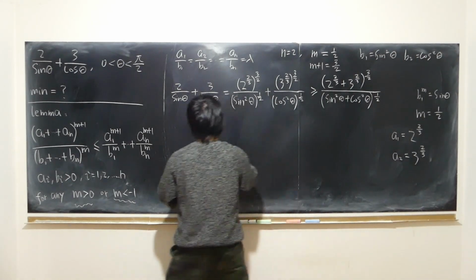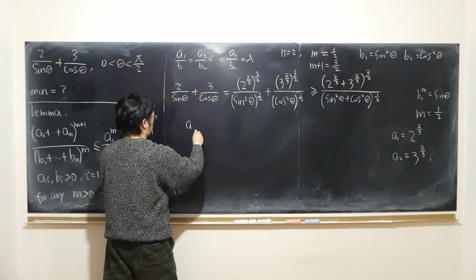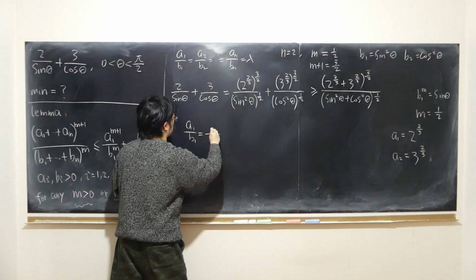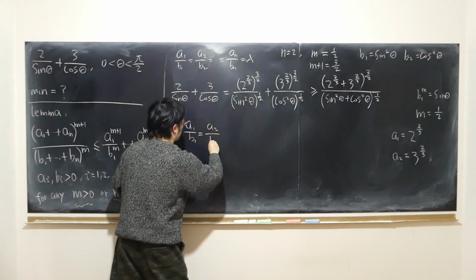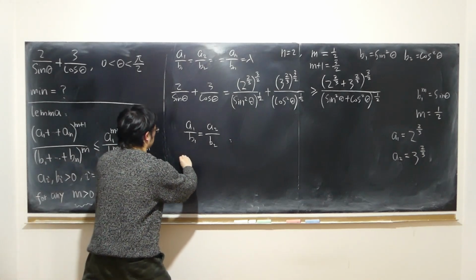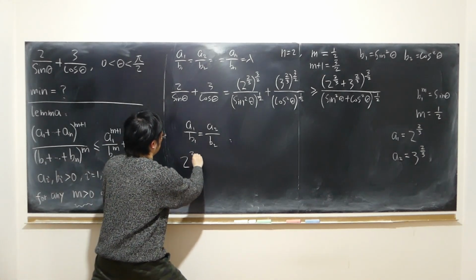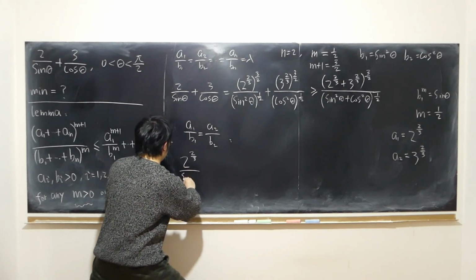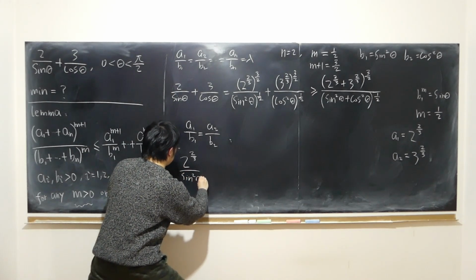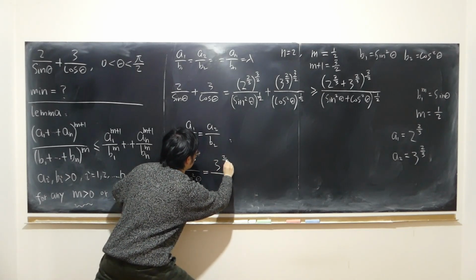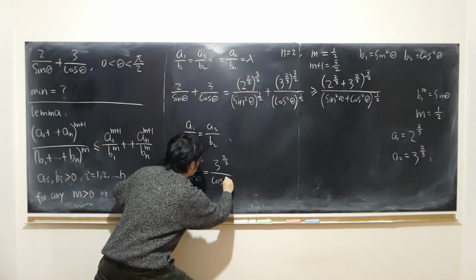The equal sign holds only when A1 over B1 is equal to A2 over B2. That is, 2 to the 2 over 3 over sine square is equal to 3 to the 2 over 3 over cosine square.